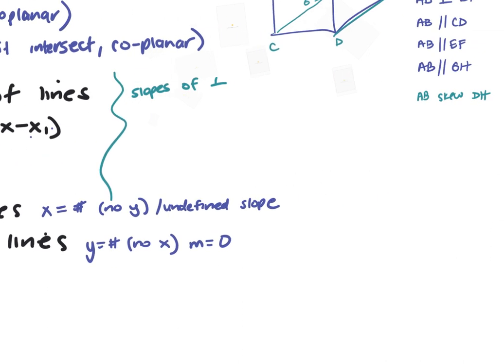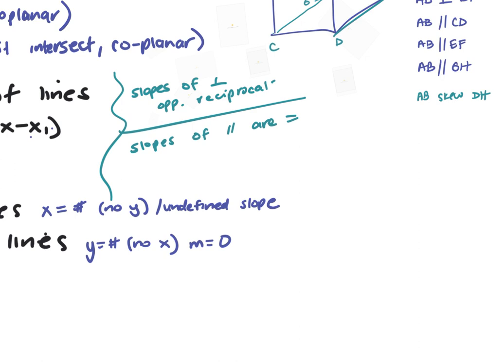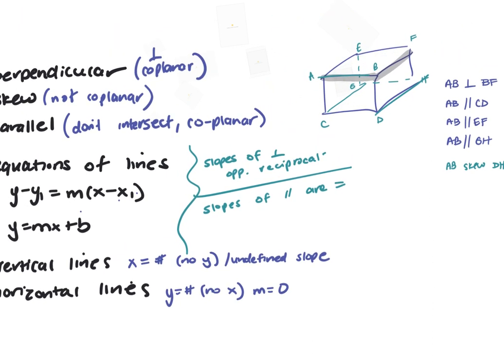Good. Slopes of perpendicular lines have opposite reciprocals. And slopes of parallel lines? Good. So obviously that's important if you're trying to find the equation of a line and it gives you that kind of information.